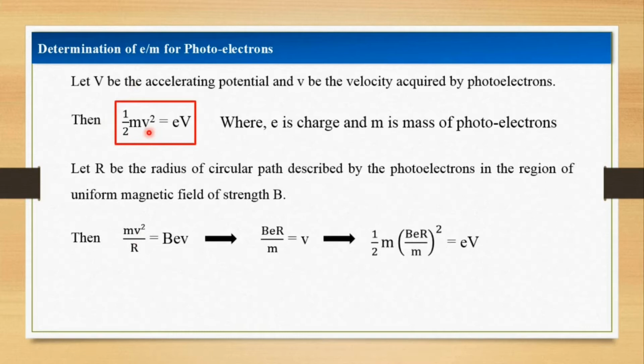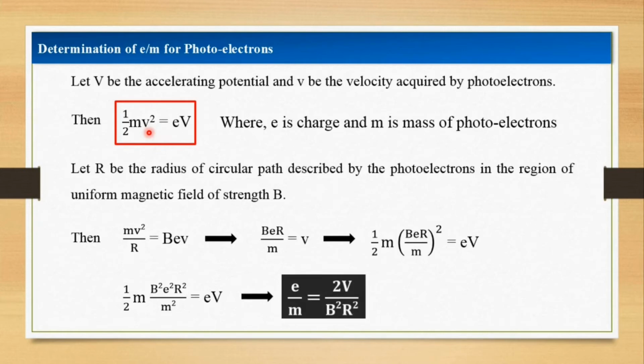1/2 m (Ber/m)² equal to eV, or we can write 1/2 m B²e²r²/m² equal to eV, and simplifying this equation we can write e/m equal to 2V/(B²r²), where e is the charge of the electron, m is the mass of the electron, V is the potential between cathode and anode, B is the uniform magnetic field, and r is the radius of the circular path acquired by the photoelectrons.